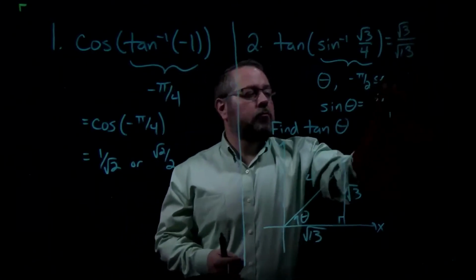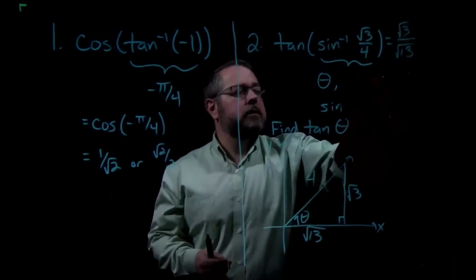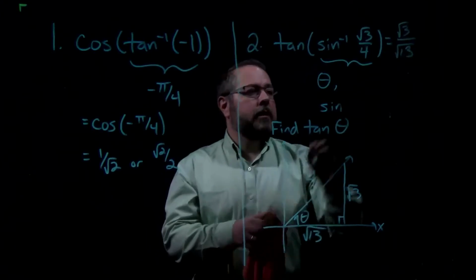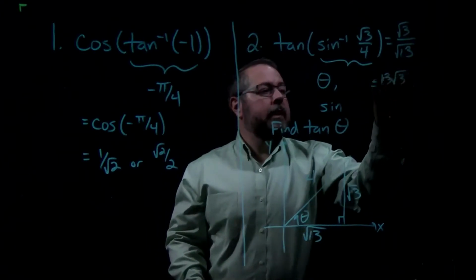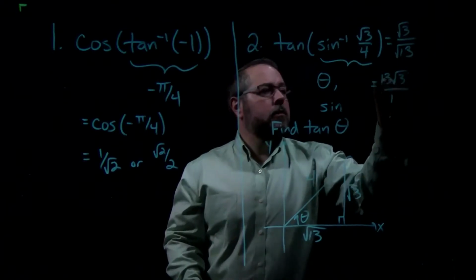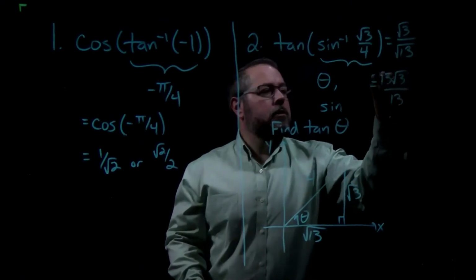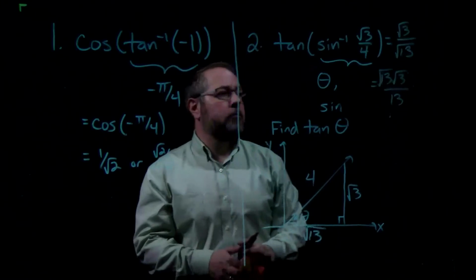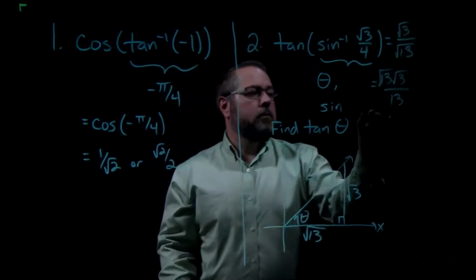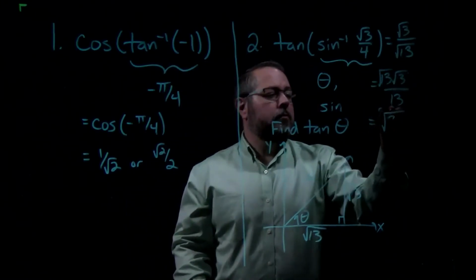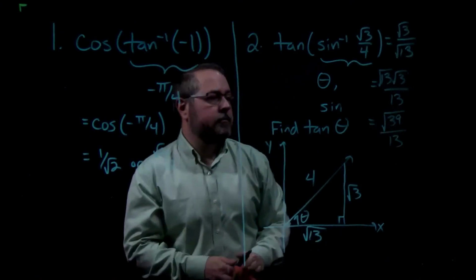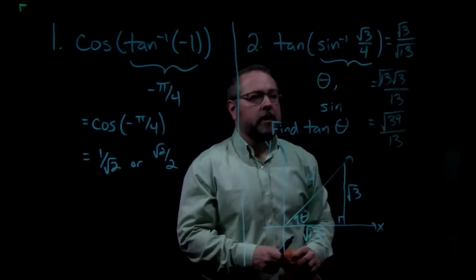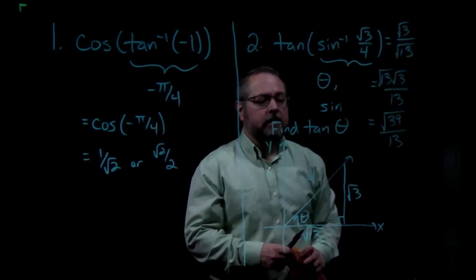If we want to rationalize our denominators, that would be √39 over 13. We would multiply the top and bottom by √13.